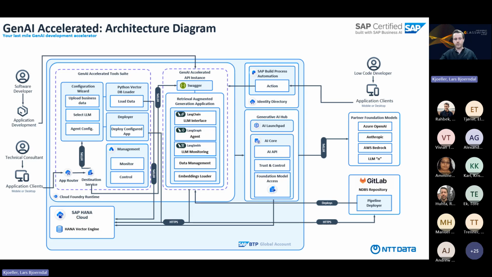First of all, a very technical and maybe a little bit confusing slide, but in NTT Data, there are some very bright minds that have created an architecture to adopt the usage of Gen AI as easily as possible.